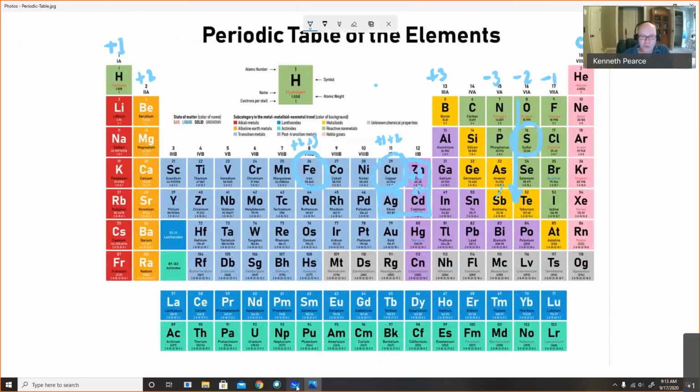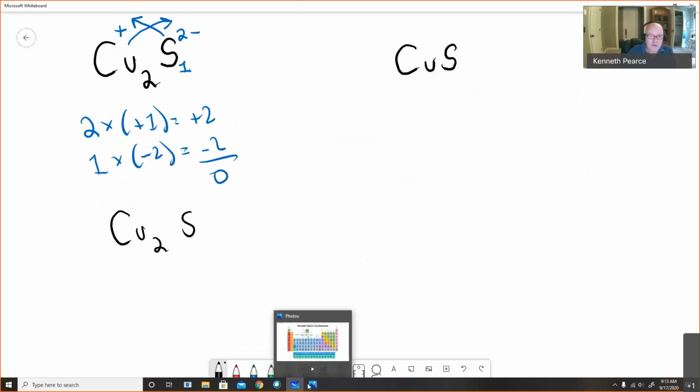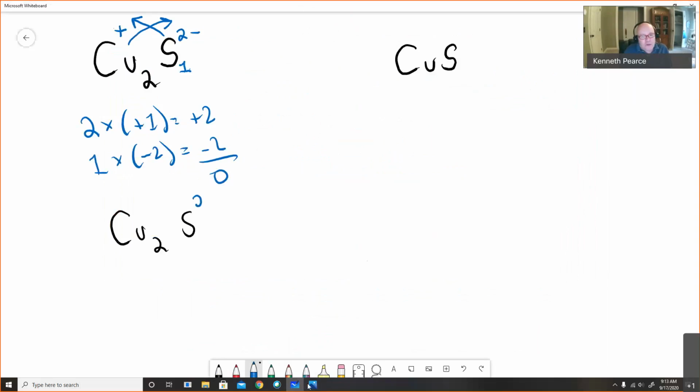So I know sulfur must be -2. And so we look over here and we say 2 minus on the sulfur. And we know the total has to equal 0. And so we must have 2 plus over here on the copper, because 2 minus 2 is 0.